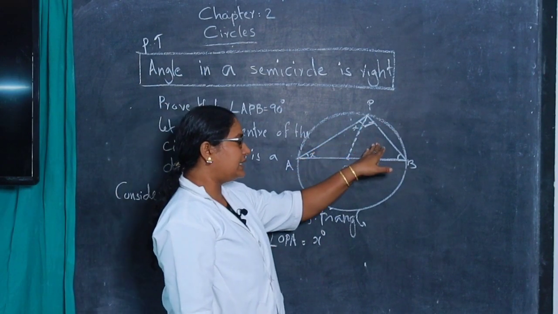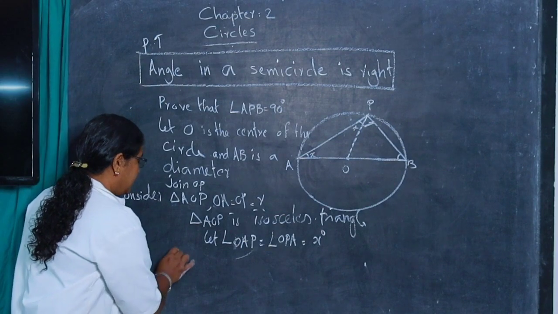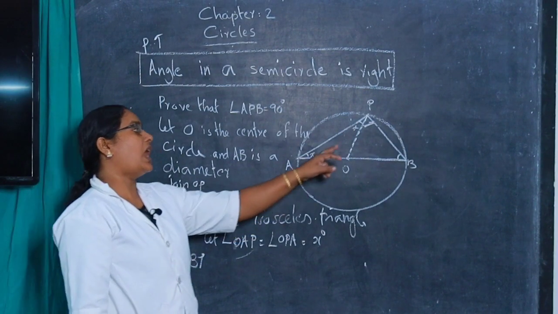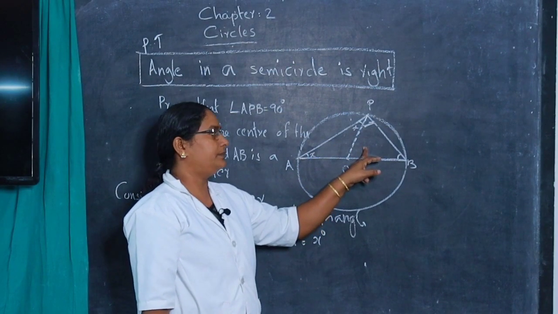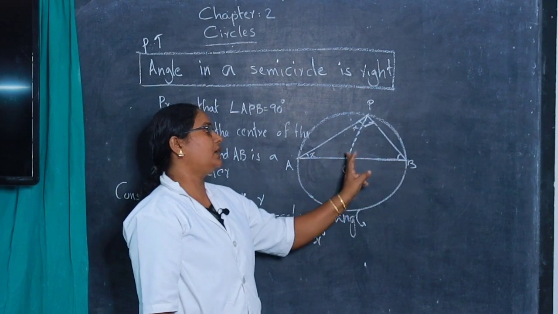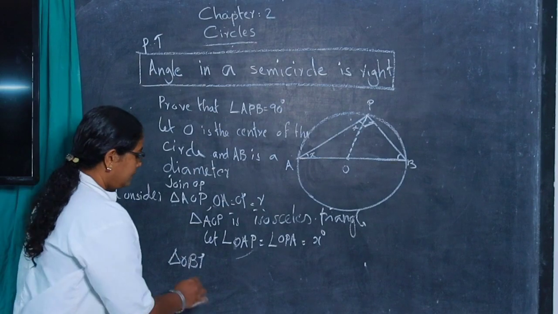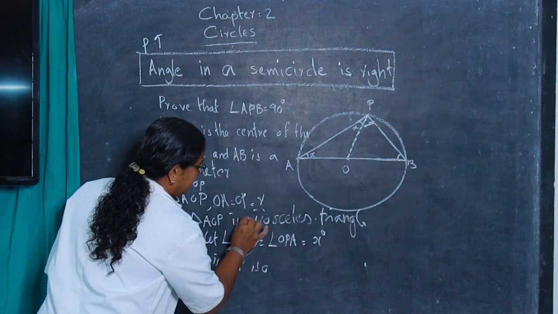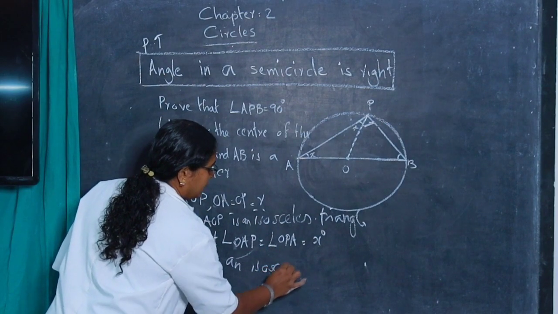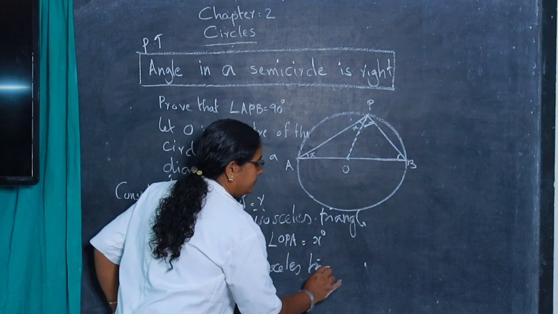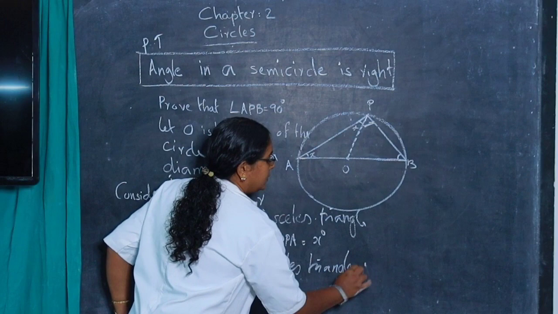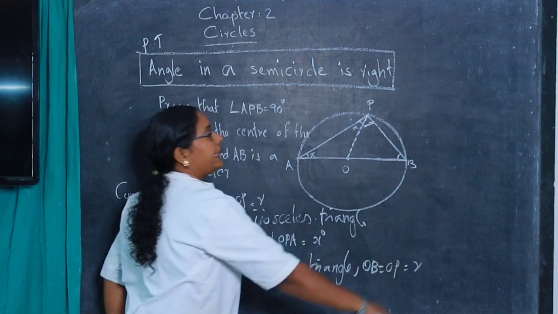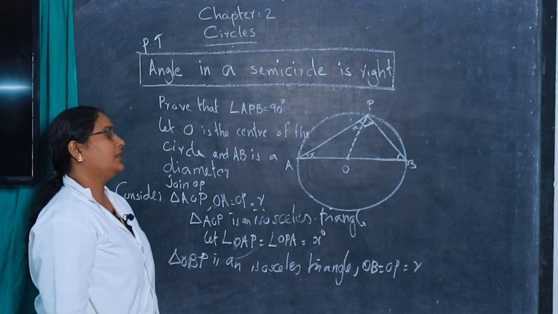In the same manner, consider this triangle OBP. It is also an isosceles triangle. Reason: OB equals OP, radii of the same circle.